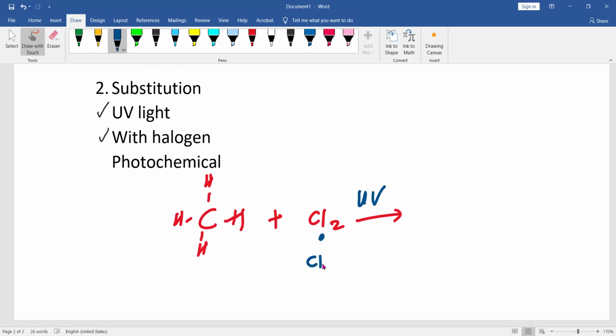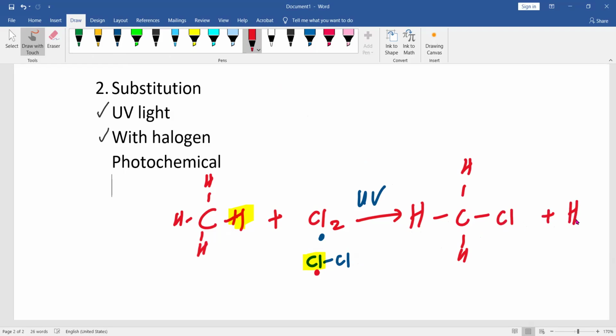So chlorine is actually Cl-Cl. This chlorine and this hydrogen decide to swap. The UV light will break the bonds. So it will become H, carbon, H, and then this one goes here Cl. And then this is HCl.